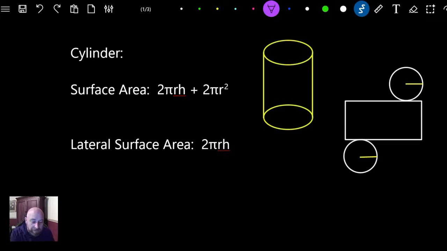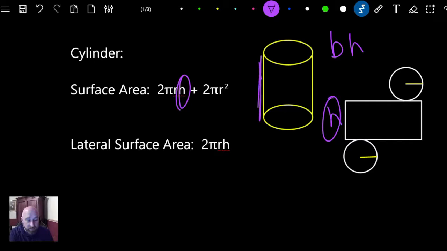Now, this one is a little bit more complicated. But if you notice, we have a rectangle, and the rectangle was BH, right? Area equals BH. So you probably would guess that this is the height, and you're correct. So that's the height of the shape right there. But typically, when we measure these, we don't have a width or a length necessarily. All we have is the distance around.